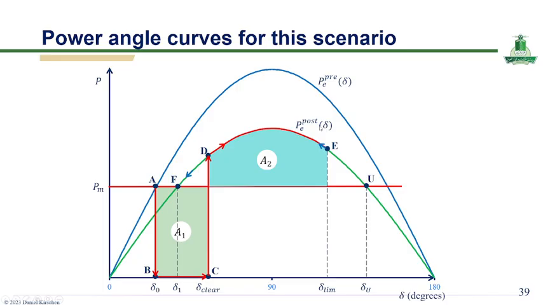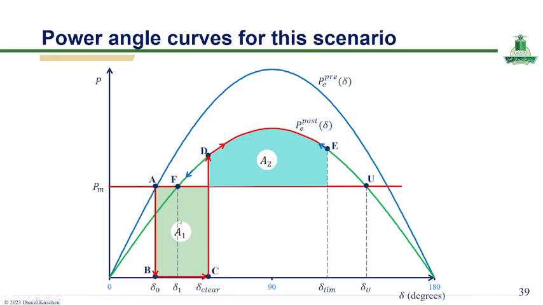During the fault, the electrical output power drops significantly, causing the mechanical input power, PM, to exceed the electrical power. As a result, the rotor accelerates and the power angle increases from delta 0 to the clearing angle, delta clear, creating the accelerating area A1.